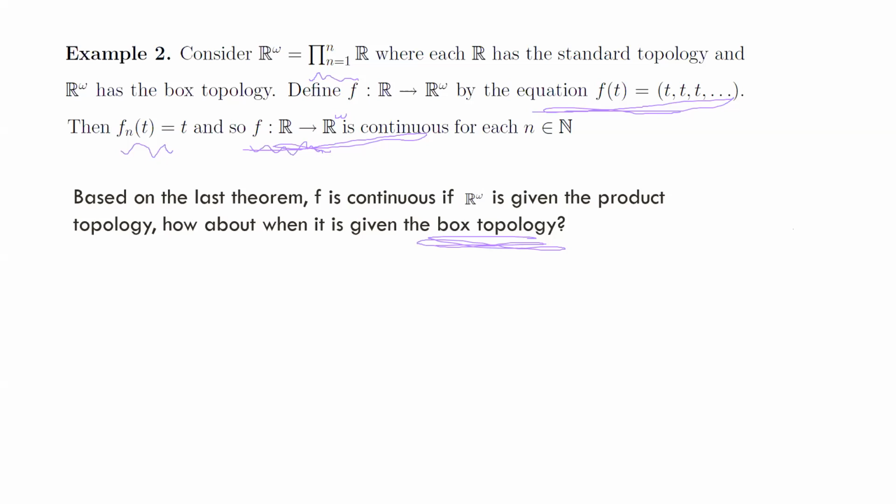Well, the difference between box topology and product topology when it comes to infinite dimensional spaces is only that I think box topology is a little bit finer, right? Maybe yes, because it's finer. Well, let me think.